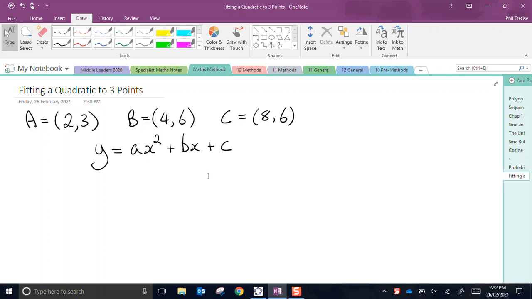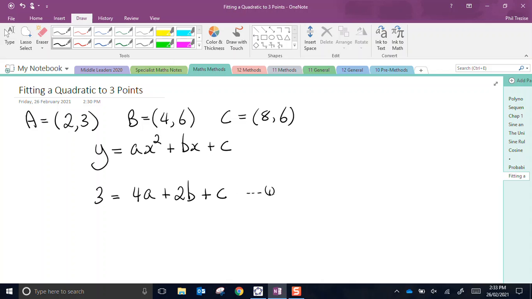There's our 3 points. There's our standard form of the quadratic equation, y equals ax squared plus bx plus c. Now if I substitute from point A a value of 2 for x and a value of 3 for y, so 3, now 2 squared is 4, so that's 4a, plus 2 times b is 2b, plus c.